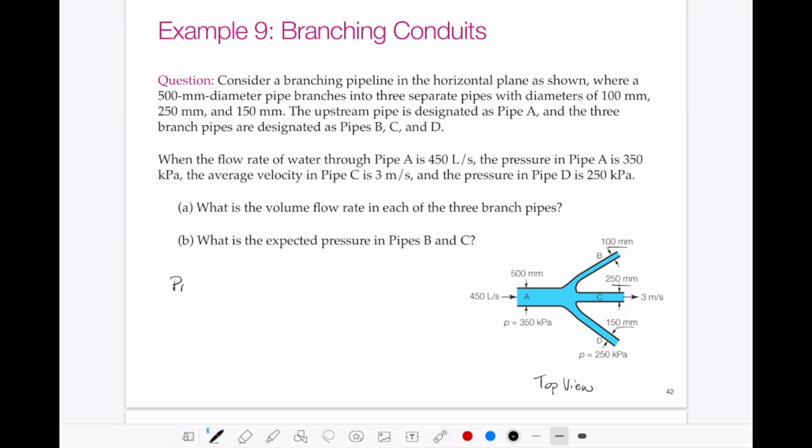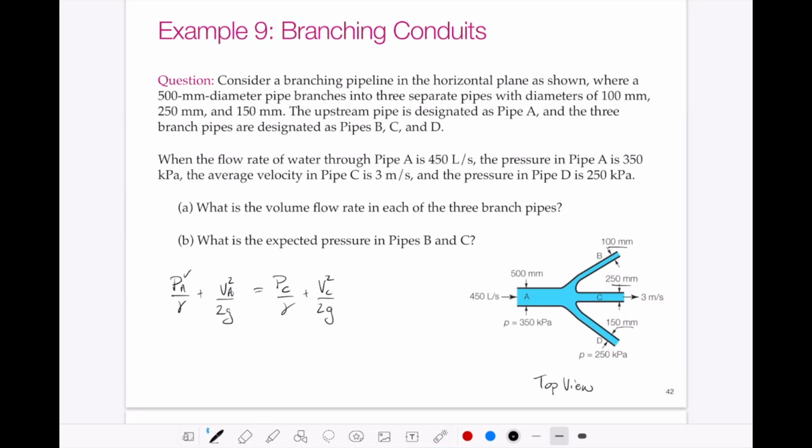So let's write PA over gamma plus VA squared over 2g. There's no change in elevation, so we can ignore the Z terms. It's going to be equal to PC over gamma plus VC squared over 2g.